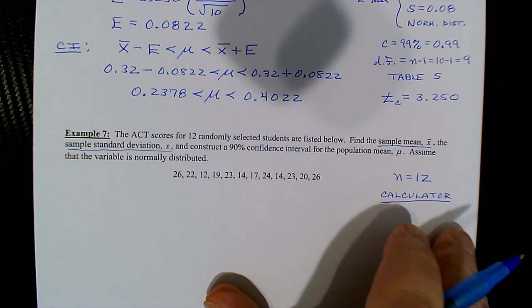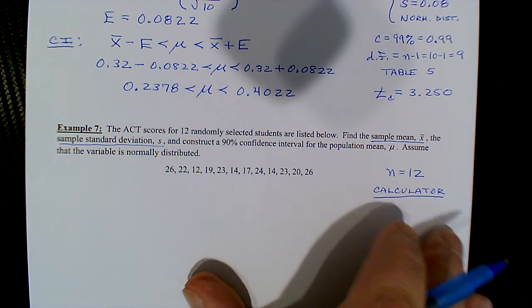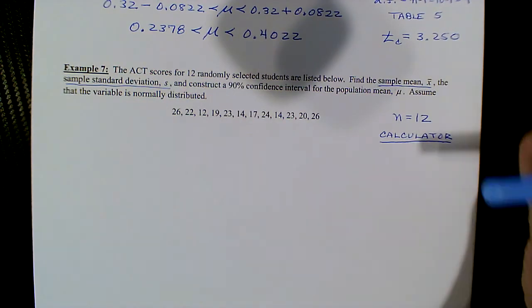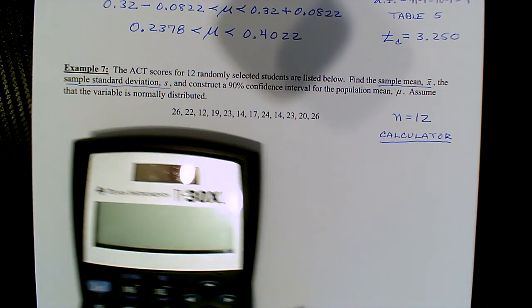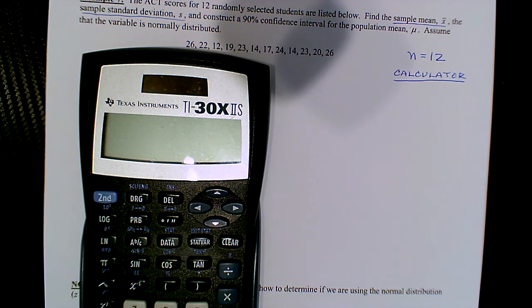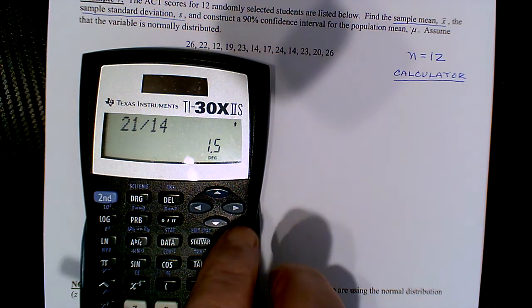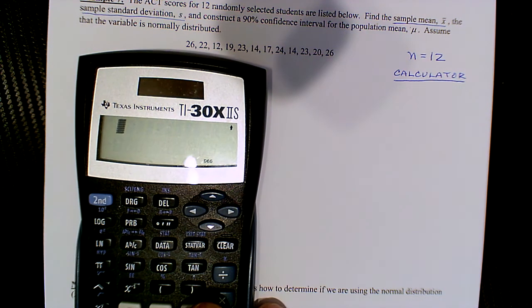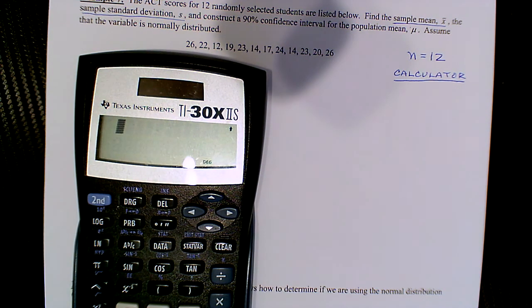If you don't know how to do this, email me. If you're using a graphing calculator, you could email me, and basically all I'm going to do is go on Google and say TI-83 sample standard deviation, and then you'll find a video on YouTube. In fact, you'll find many videos on YouTube that will tell you how to go about it using this TI-30, and again, just email me if you have concerns and you can't use it.